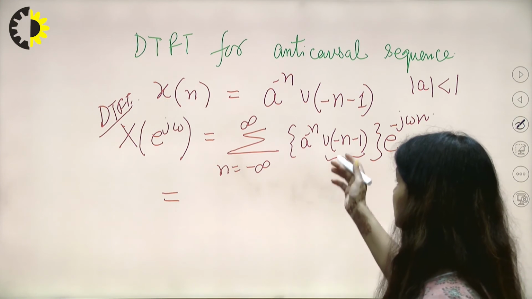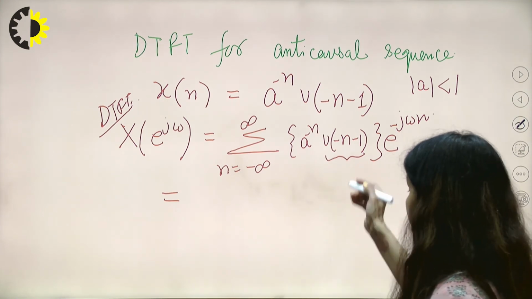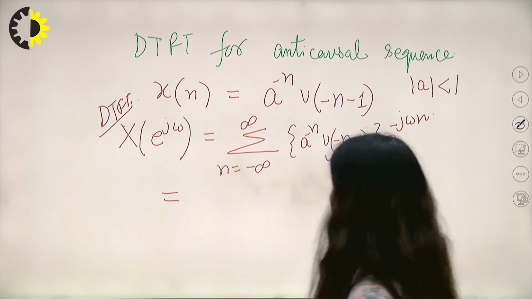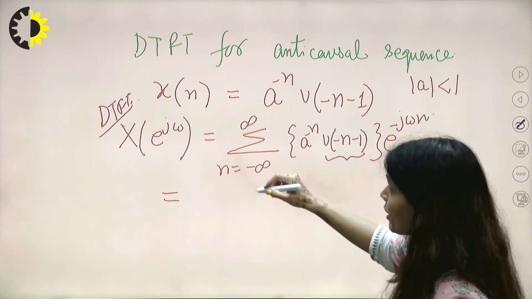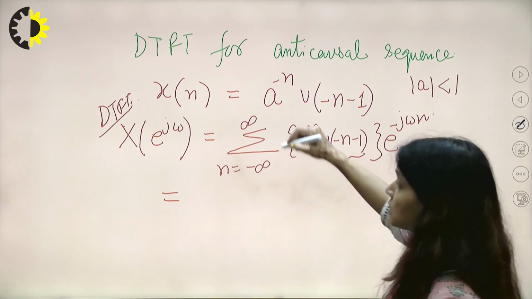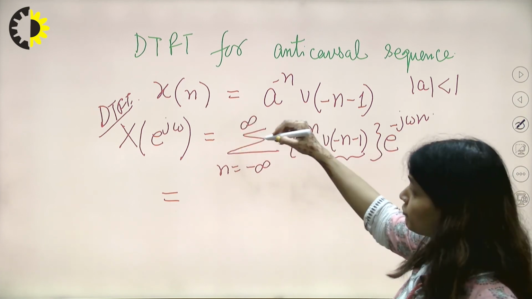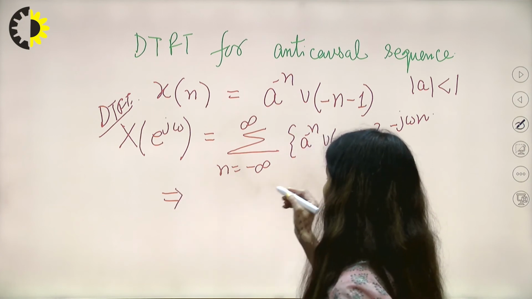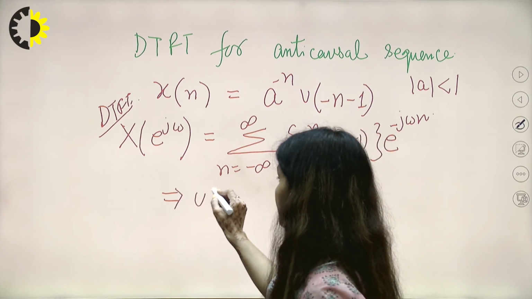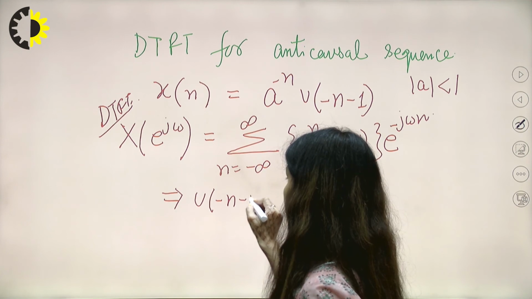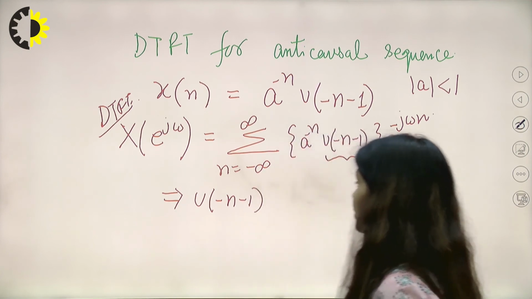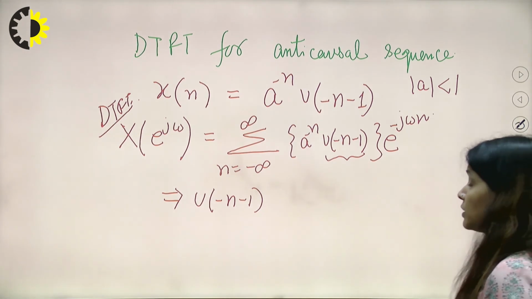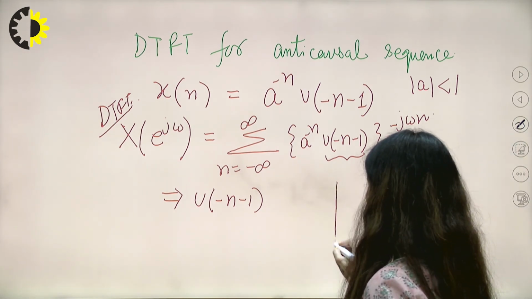So let us see the graph of this particular sequence. How can we make the graph of u[-n-1]? We require it because we need to solve this summation and we want to see the limits of the summation.